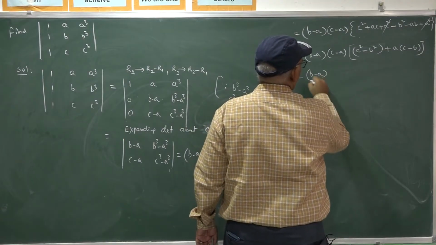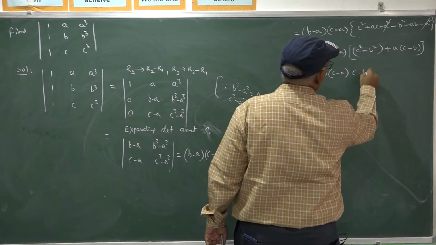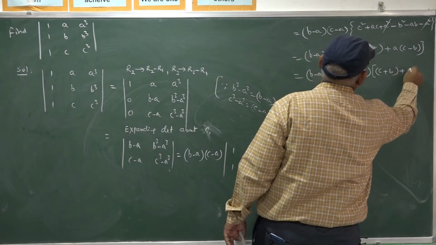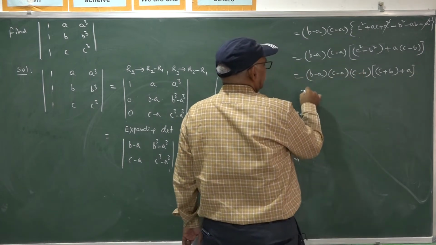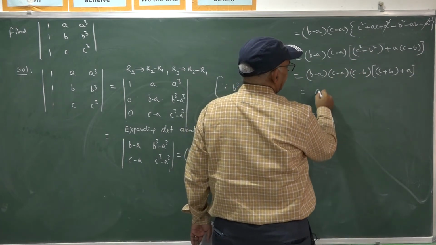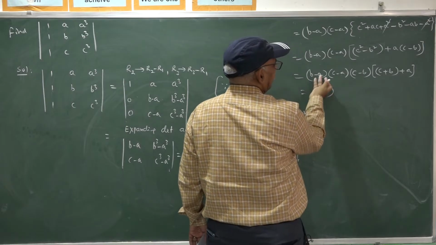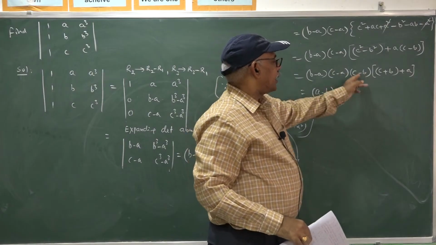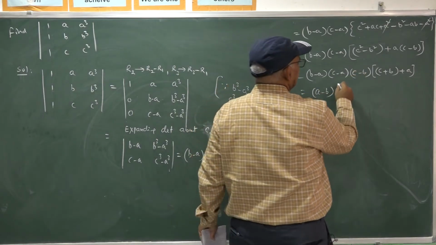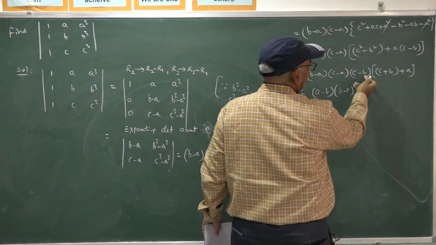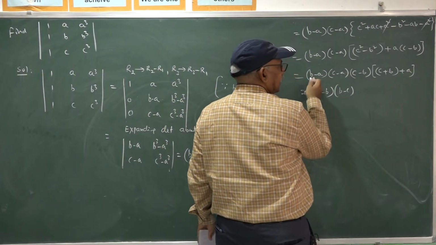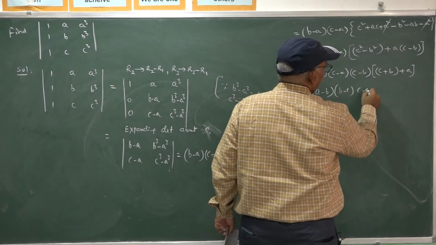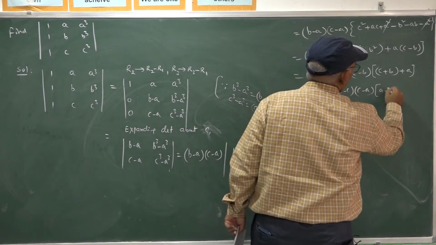So B minus A, C minus A, C minus B into C plus B plus A. So arranging the terms in cyclic order, we get A minus B. Once you interchange these two terms, we get minus. Again interchange this factor to get the cyclic form. Rearrange these two terms in this factor and in this factor, so that you get minus into minus plus. So C minus A, and take the other factors as they are.